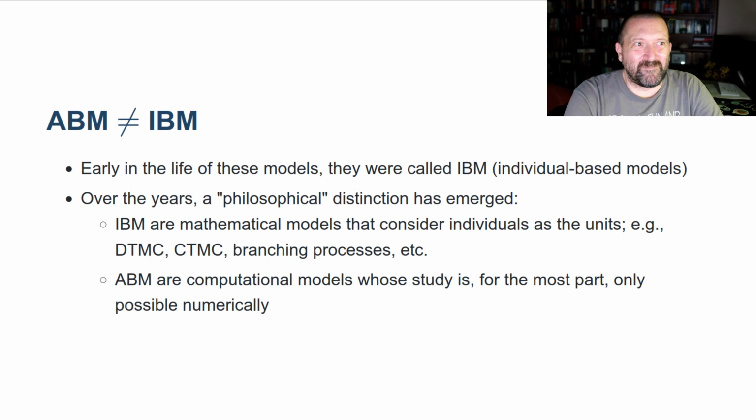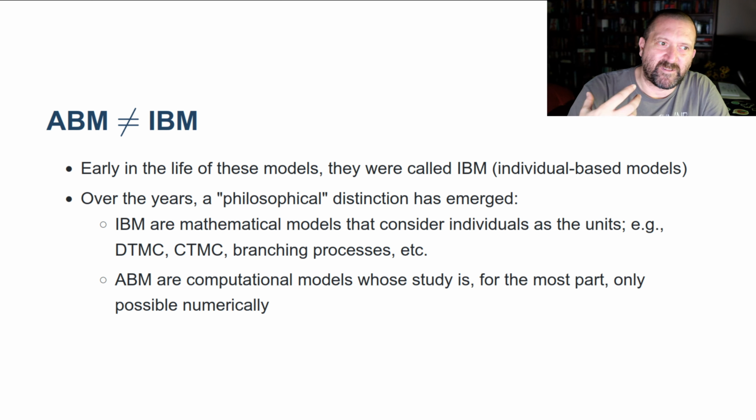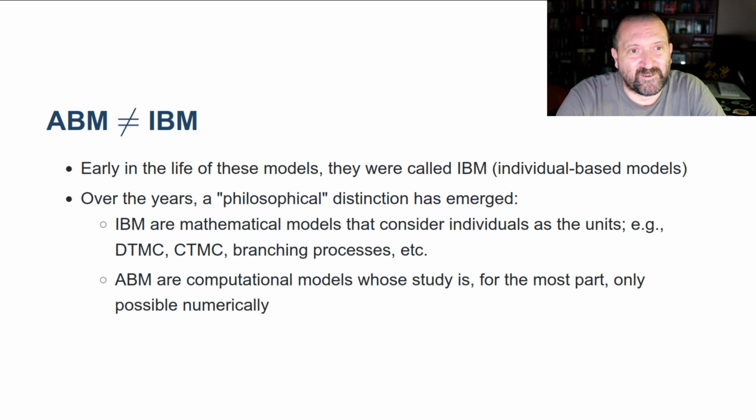So the vocabulary is a bit used sometimes in an interchangeable way, whereas they probably shouldn't. I would say in general now, a lot of people would consider ABMs to be different from IBMs, which would be individual-based models. Essentially now, I would say a lot of people think of IBMs as mathematical models that deal with problems at the individual level, which could be, for instance, continuous time Markov chains.